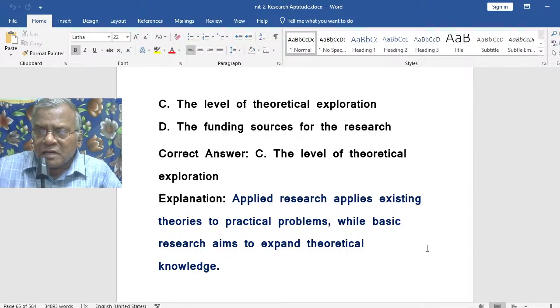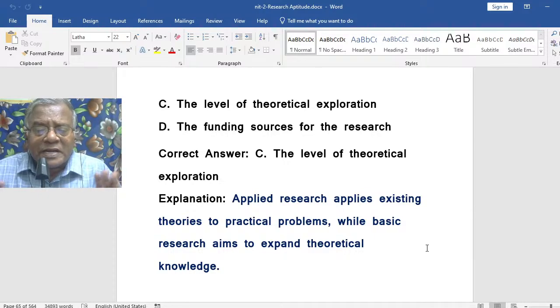In other words, there are theories and applied research takes any one of them and applies it in research in order to solve a particular practical problem. Basic research aims to expand theoretical knowledge, purely theoretical knowledge, or theory creation, theory making or theory development. So that is the difference.